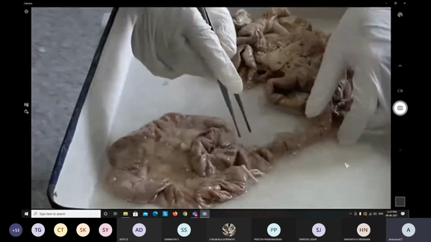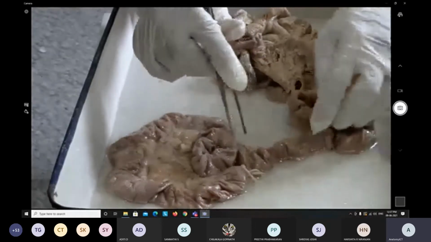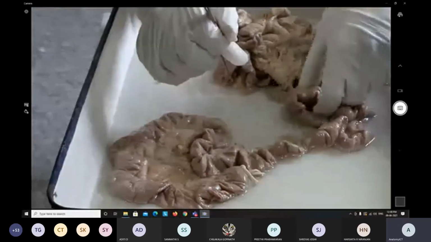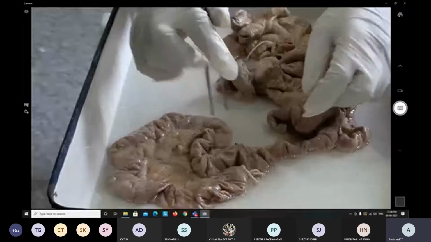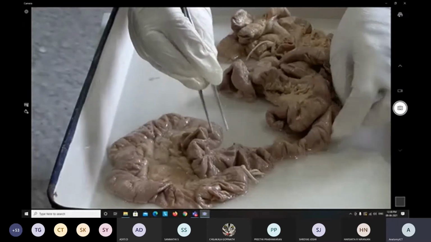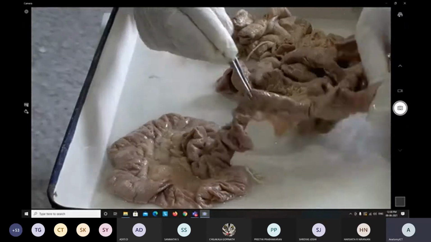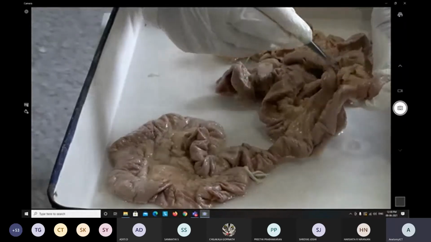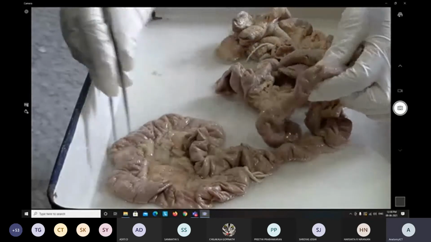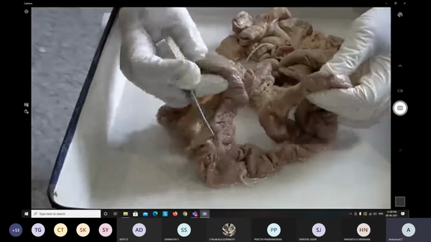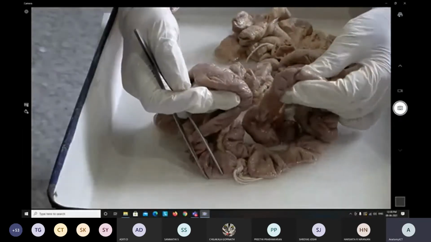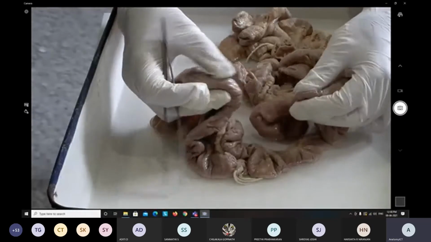But now moving towards the jejunum and ileum. As there is a complete tubular structure of jejunum and ileum, there is not much difference, and it is huge, almost 2.5 meters, the jejunum. So this is how we can appreciate the jejunum. You can differentiate the duodenum and the jejunum when you touch it and feel it.